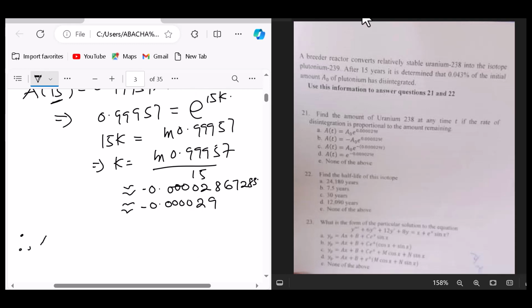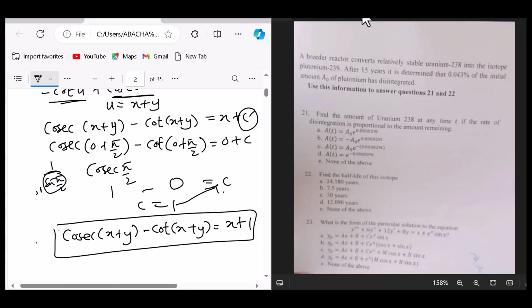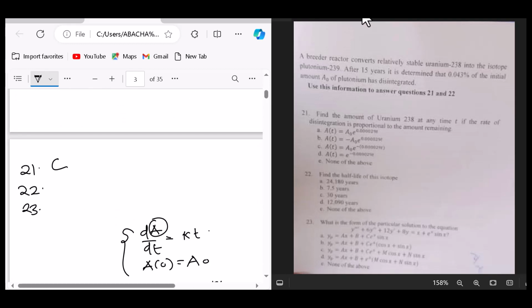So therefore we can write our A of t to be equal to A naught e power negative 0.000029 t. That is all we have to do, and based on that, our answer is C.